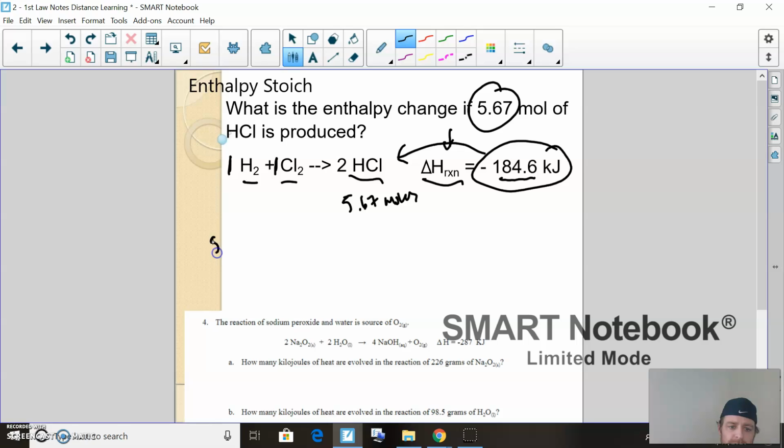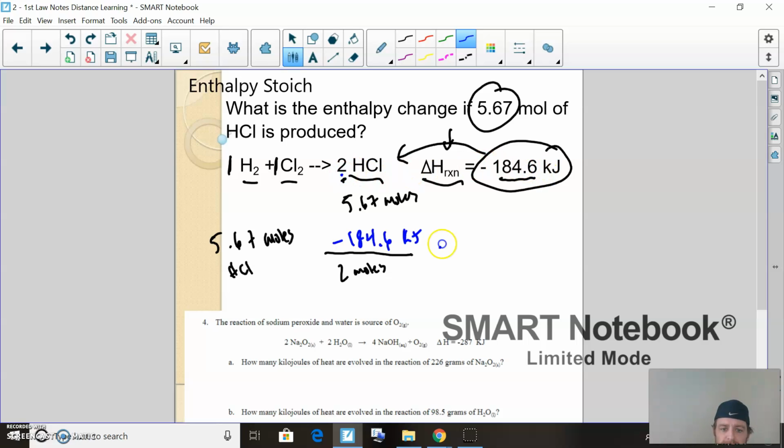So they say 5.67 moles of HCl. Well, in 2 moles, because there's the 2, there is negative 184.6 kilojoules. So basically you take this and correlate it to the coefficients.